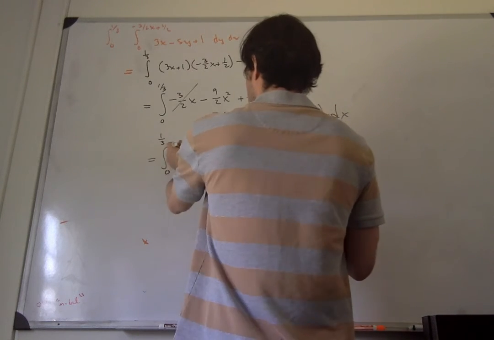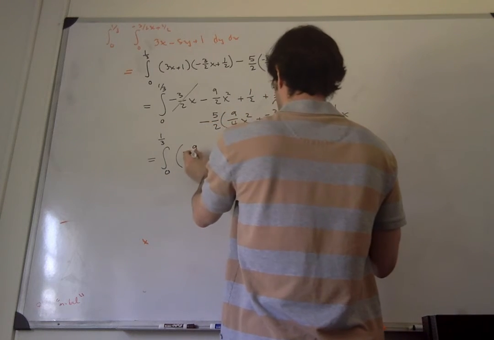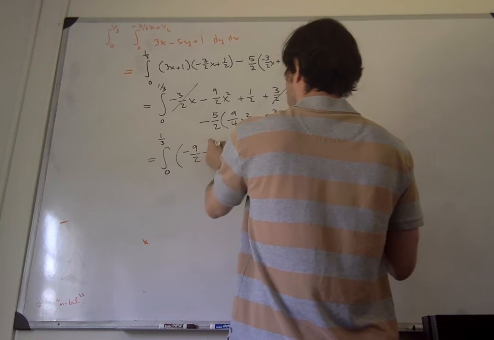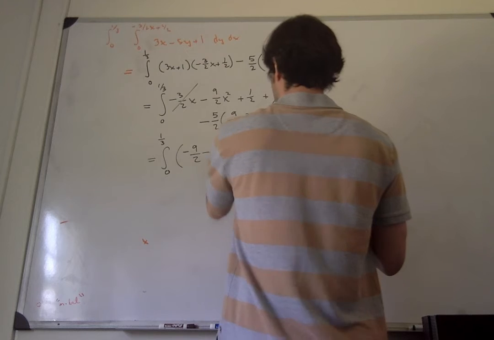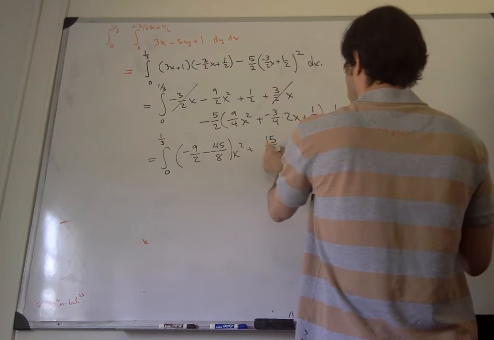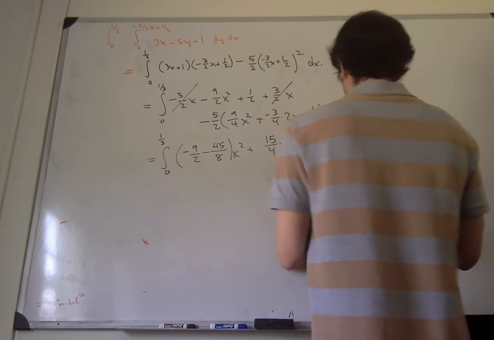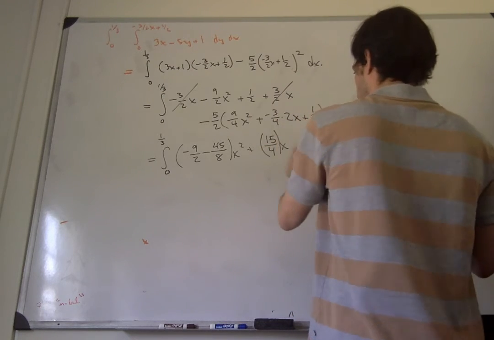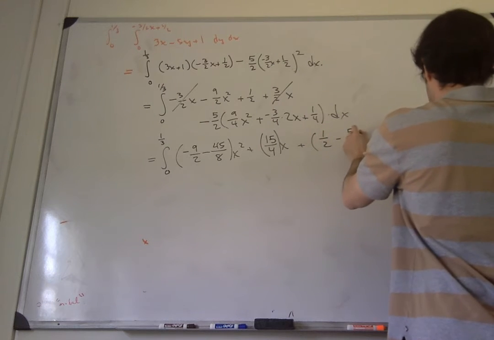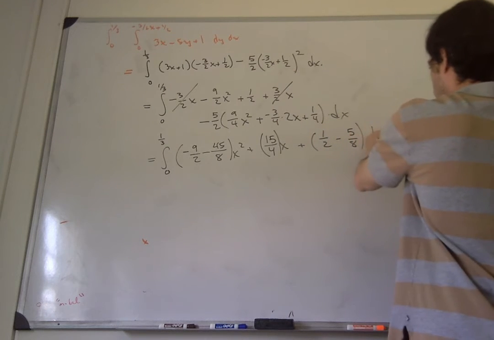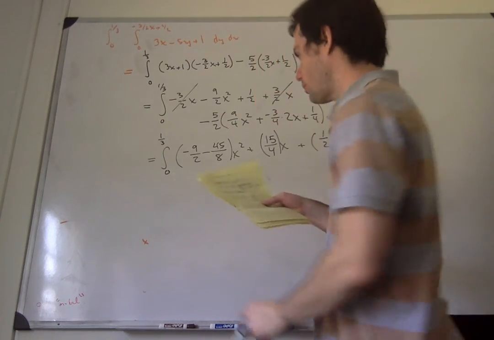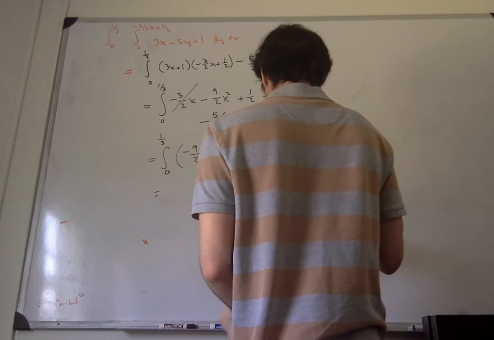So I should get negative 9/2 plus negative 45/8 x squared plus 15/4 x plus, okay, plus 1/2 minus 5/8 dx. Okay, and then I'm going to do this further.